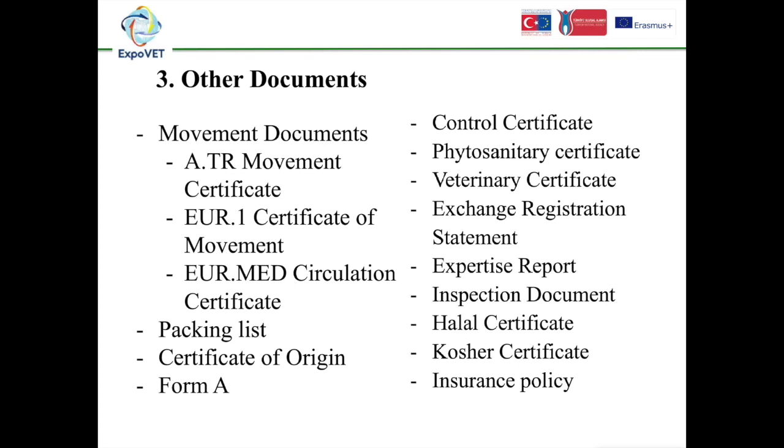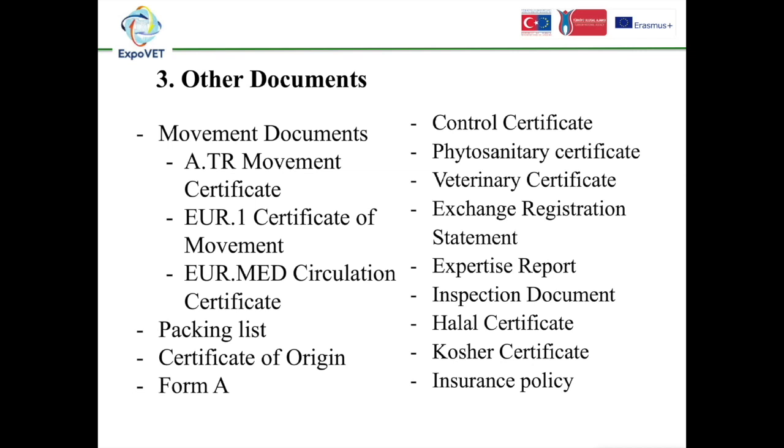It's a document issued for exports to EFTA countries, for iron and steel products, ECSC products with the European Union, for exports to countries with which Turkey has signed free trade agreements, and for exports of agricultural products to the European Union. The EUR1 movement certificate is filled in 5 copies. The first copy is in tamper color and is the original copy. The other 4 copies are in white. The application procedure is the same as the ATR circulation certificate.